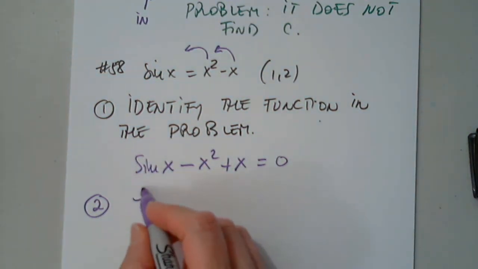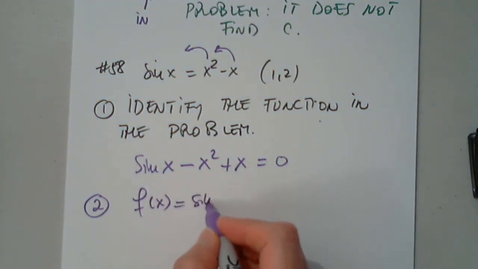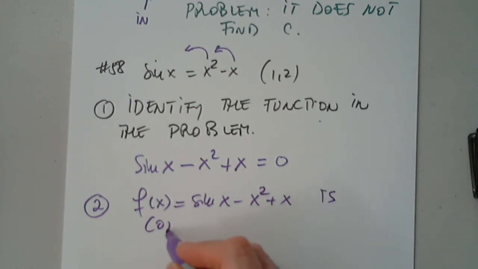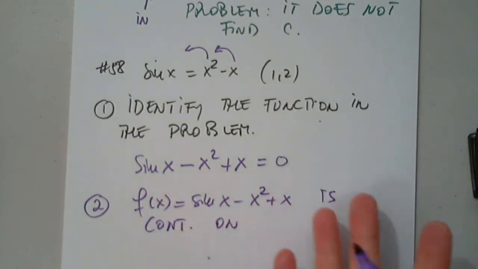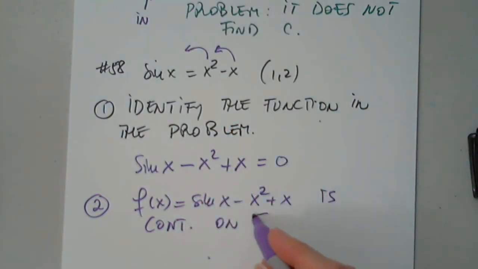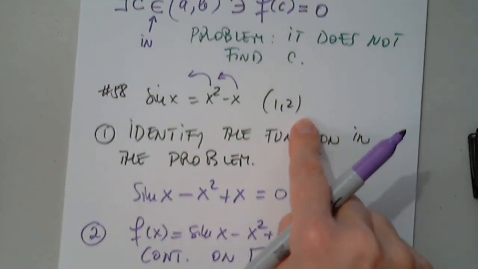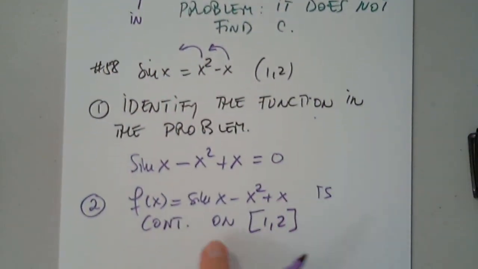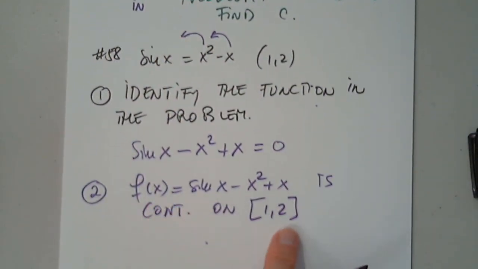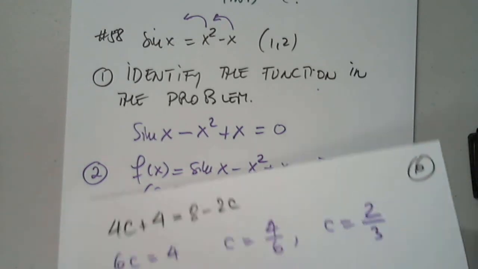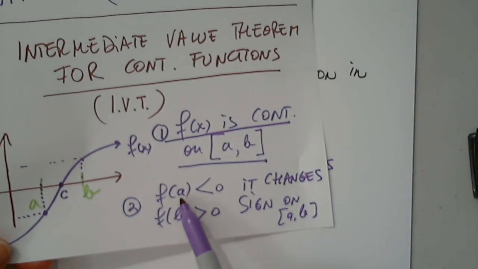So this is my f of x. f of x equals sine x minus x squared plus x is continuous everywhere, but we are specifically interested in 1, 2. Not the open interval, that's where c is. c is in the open interval, but f has to be continuous on the closed interval. Number 3, let's take a look. What do I have to calculate?